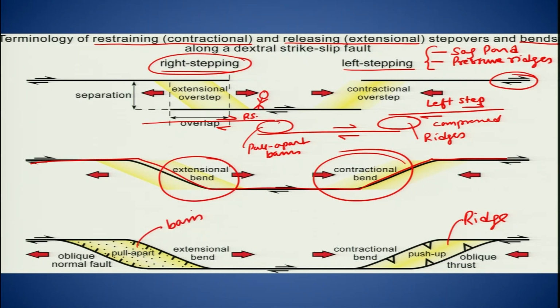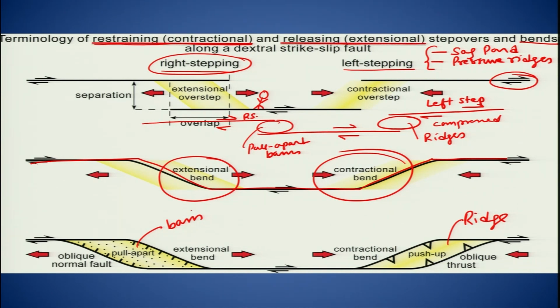If you have, for example, a left lateral fault, then things will be exactly the same, but the deformation will change. Just remember this: the portions moving towards each other will result in compression, and the portions moving away from each other will result in the formation of a basin.